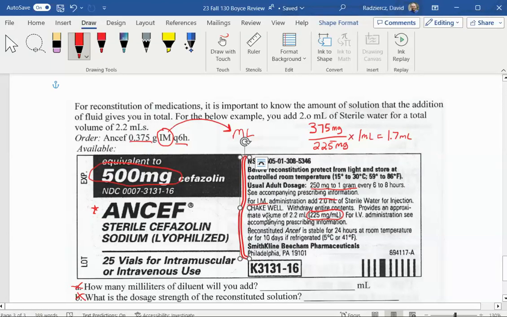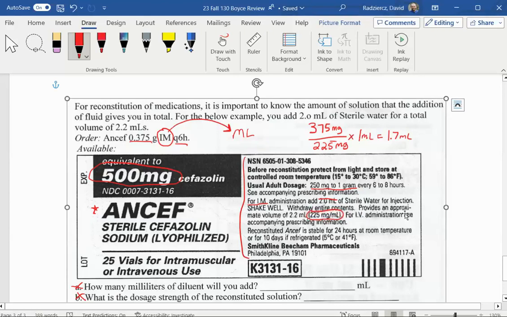What you're looking for is in the instructions, which tell you it's 225 milligrams per milliliter after it's been mixed, after water's been added to the powder. That's the information you want to use when you're doing your calculation.